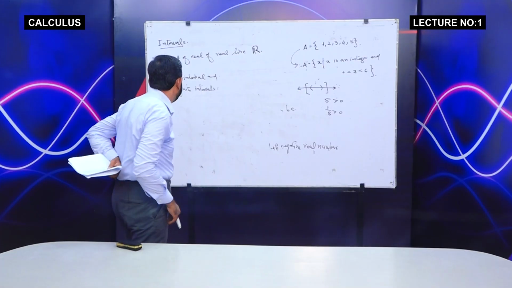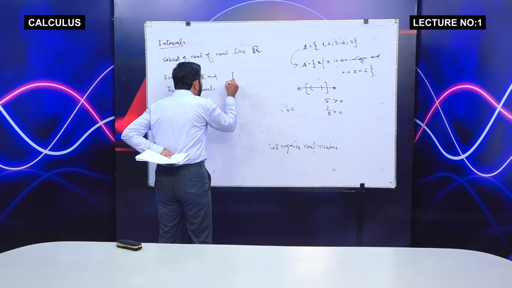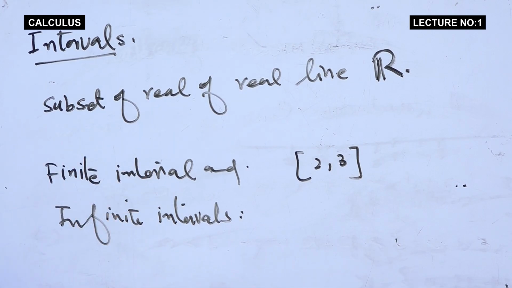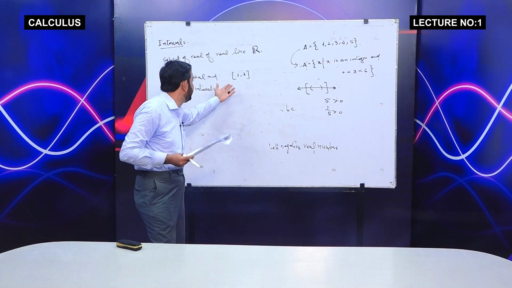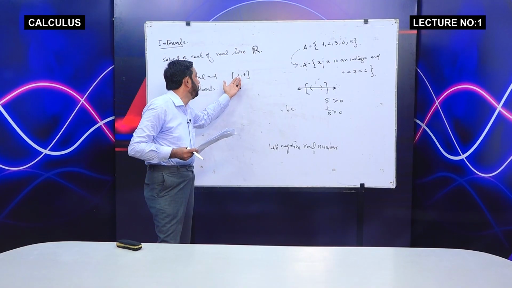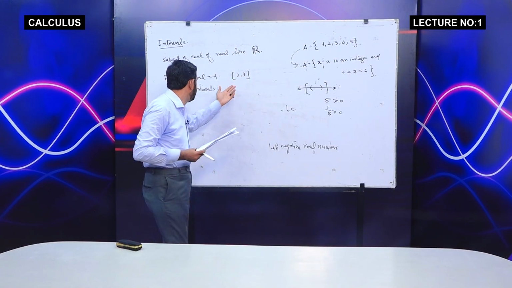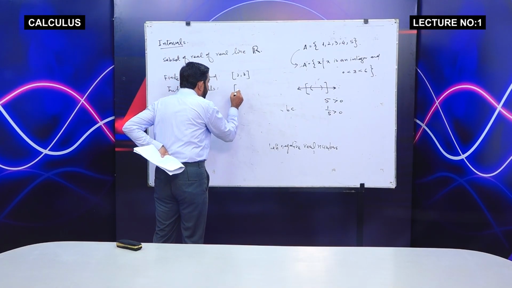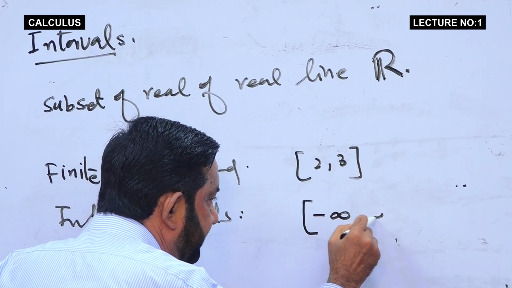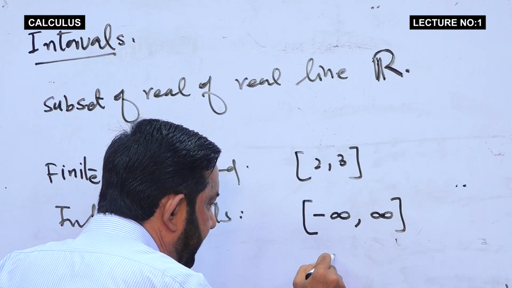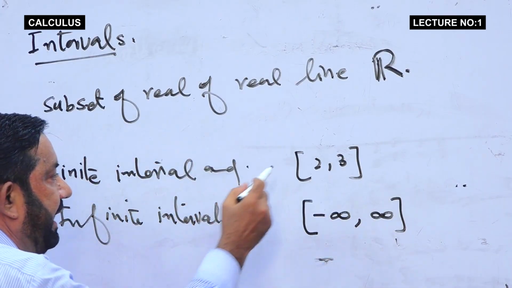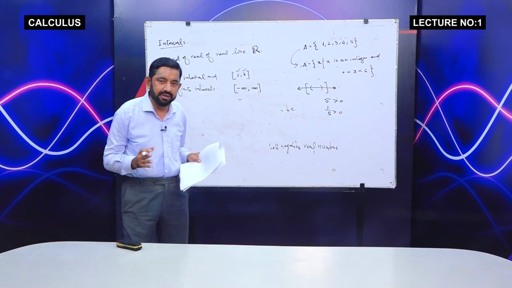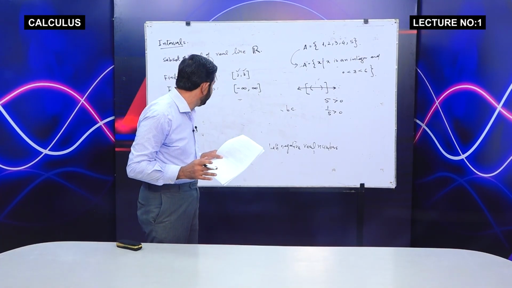Finite intervals are those whose length is finite, and the starting and ending points are two real numbers. And an infinite interval is, for example, one we write as minus infinity to plus infinity. If the endpoints are included in the interval, then we say that this is the closed interval.